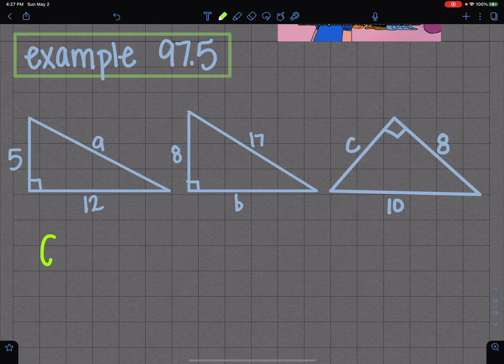So that means that A equals 13. The only trick is you have to make sure you're remembering the numbers in ascending order and that you know which one is the hypotenuse, right?